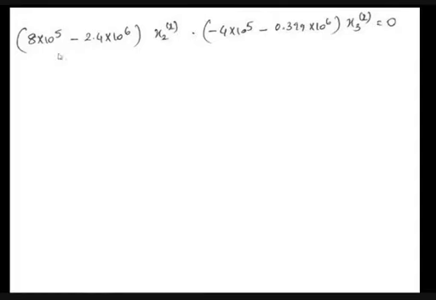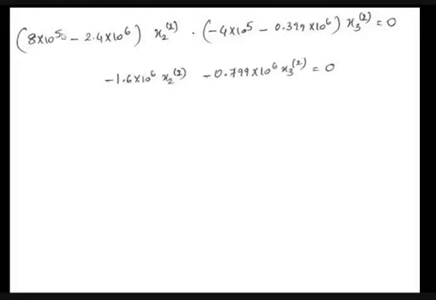As I told you, 8 into 10 to the power of 5 minus 2.4 into 10 to the power of 6, x2 of 2 minus 4 into 10 to the power of 5 minus 0.399 into 10 to the power of 6, x3 of 2 is equal to 0.